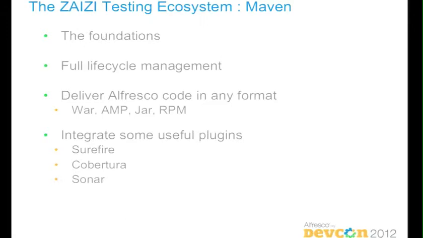We use Maven for full lifecycle management, but it's not the purpose of this talk. The testing part of Maven is that we can integrate some useful plugins, and we have covered those areas of testing. I will go into them later, but we have integration with Surefire, Cobertura, and Sonar.